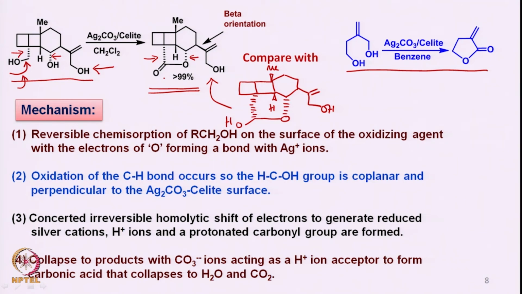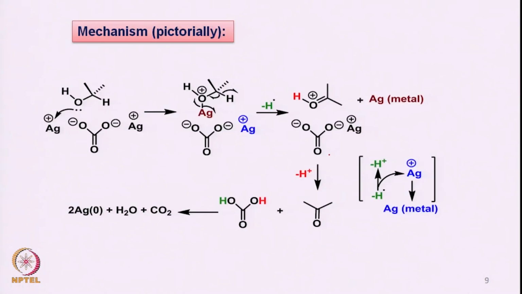Now we look at the mechanism of this reaction. There is a reversible chemisorption of the alcohol on the surface of the oxidizing agent, with the electrons of the oxygen forming a bond with silver ions. Now I can show this in the next slide, this is how it is going to be formed.